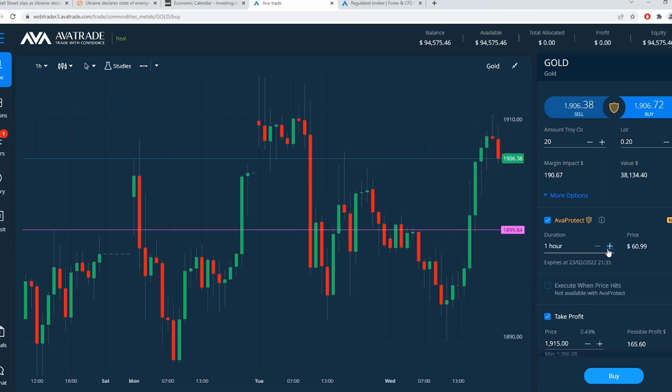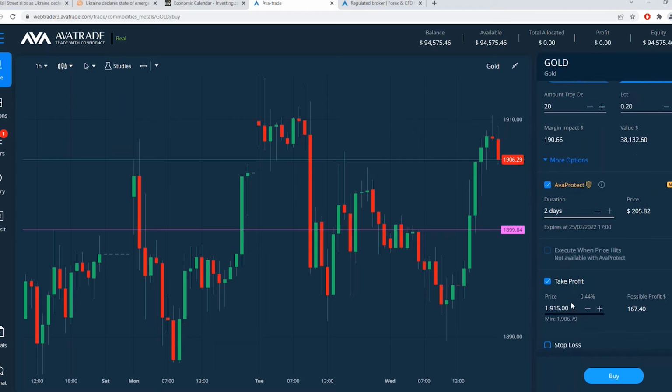I could say, let me give it 2 days protection. Let me protect for 2 days. 0.2 lots. It's going to cost me 205 premium cost, but I could have a huge payout if this goes the right way. If that's how you feel, right? So I set up, in this case, a buy position, 0.2 lots.